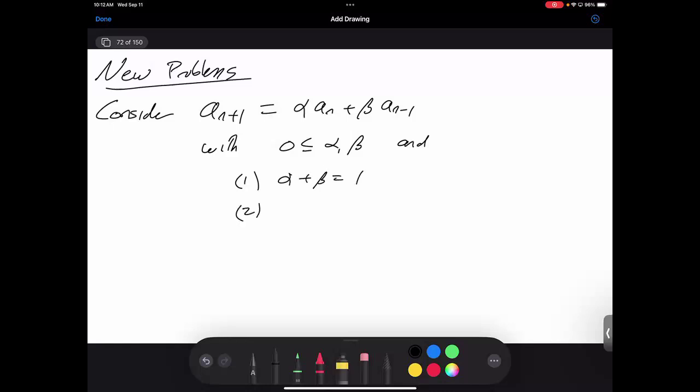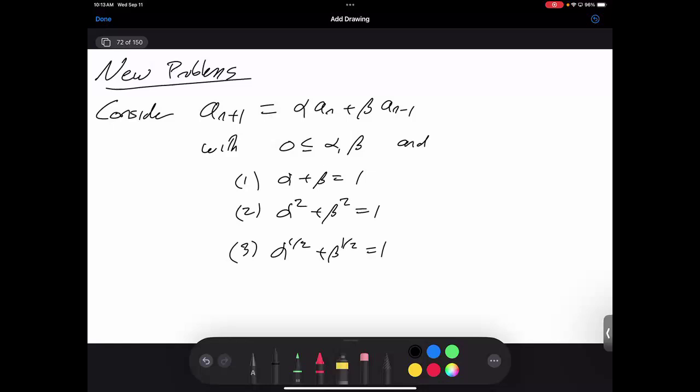In another case, alpha squared plus beta squared equals 1. And maybe in another case, alpha to the 1/2 plus beta to the 1/2 equals 1.